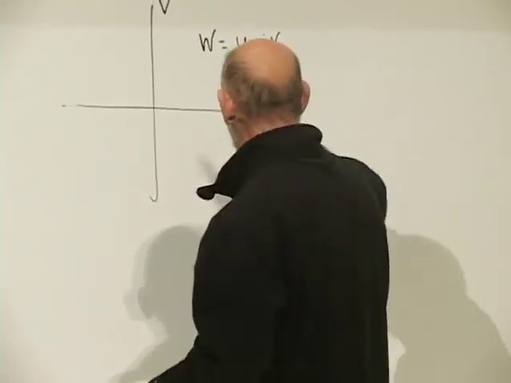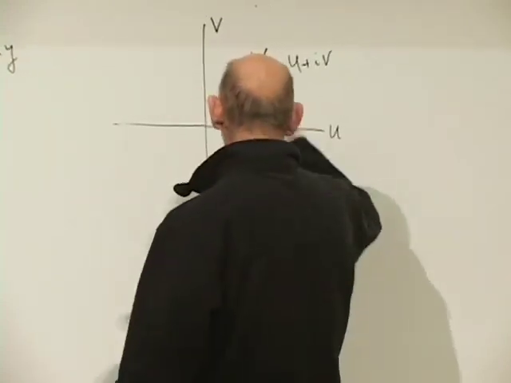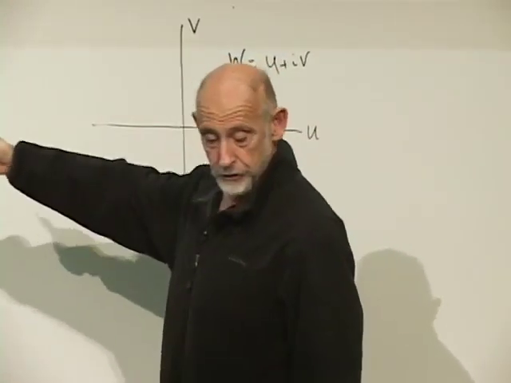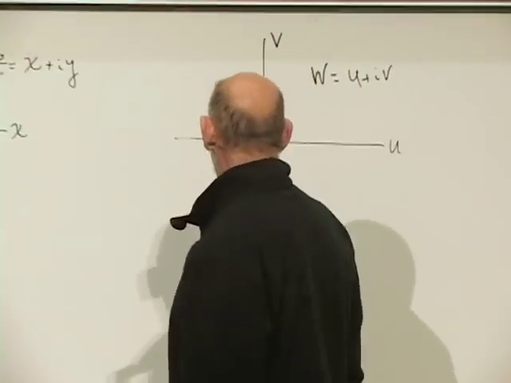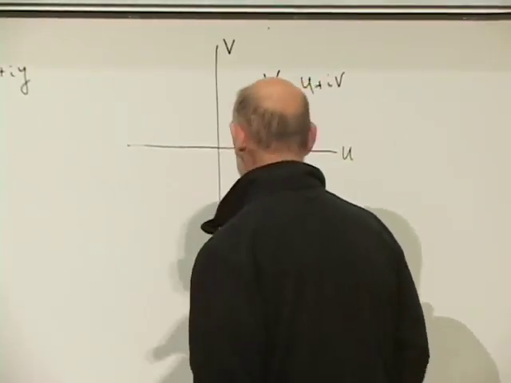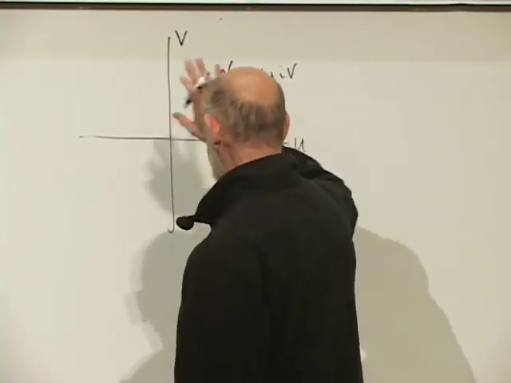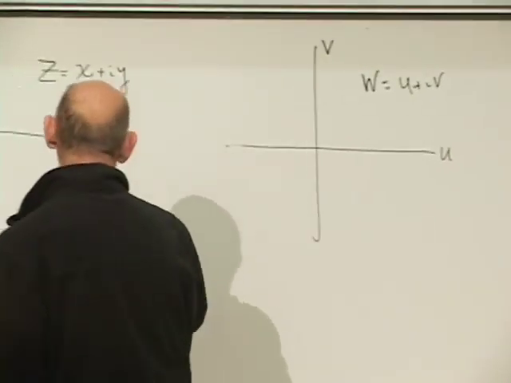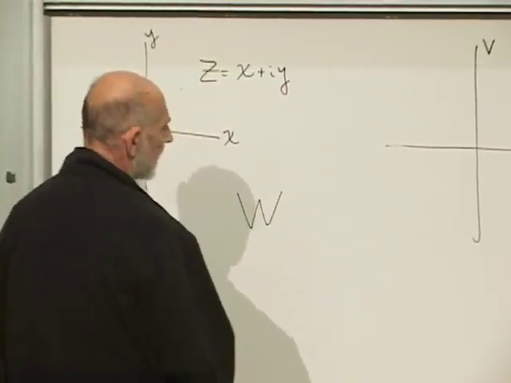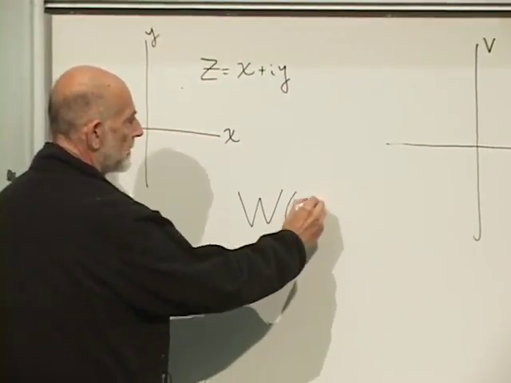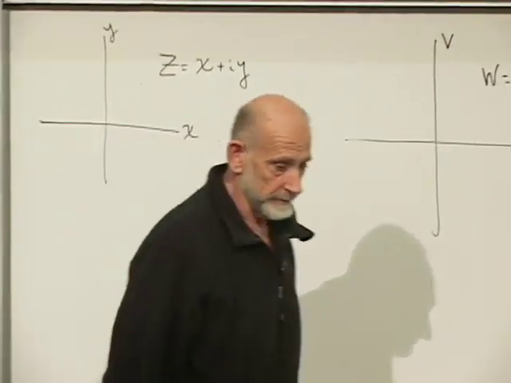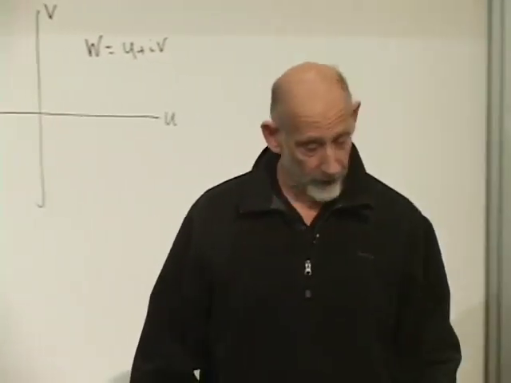u and v are functions of x and y, or you can say that w is a function of z. So let's think of it, and vice versa, but for today I'm going to think of w as a function of z. Given a point z on the complex plane, it uniquely picks out a point w. These are complex functions.